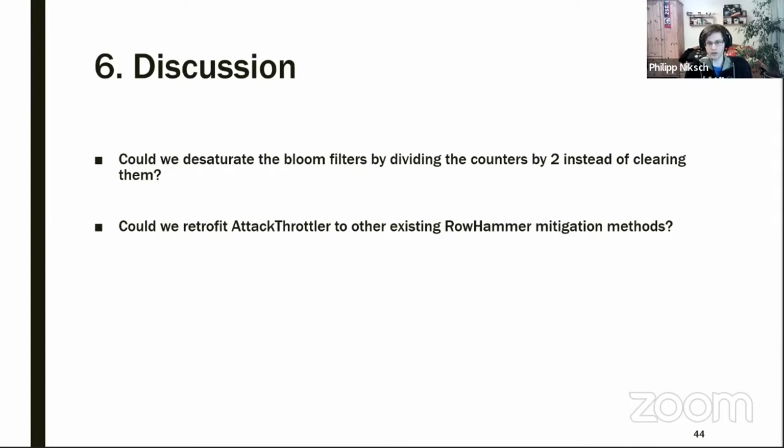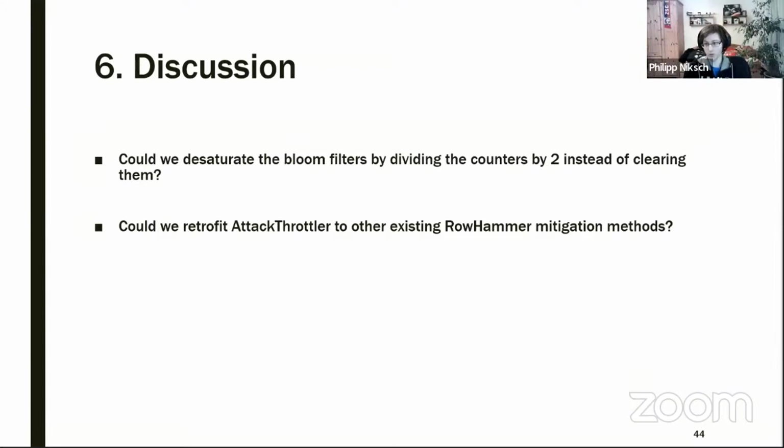The main thing that makes RowBlocker so much better in the case that a RowHammer attack is present is the ability of AttackThrottler to throttle the memory bandwidth given to an attacking thread. But would there be a solution to retrofit AttackThrottler to other existing RowHammer mitigation techniques?